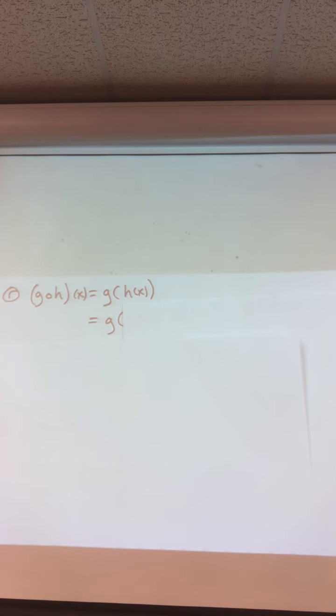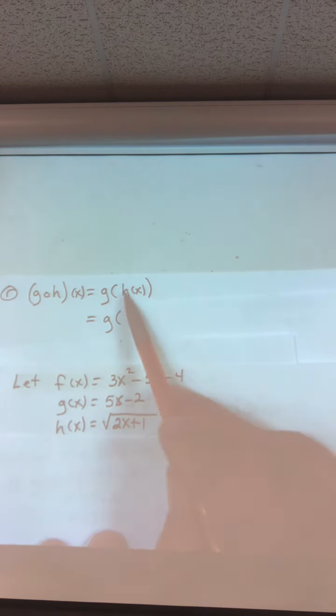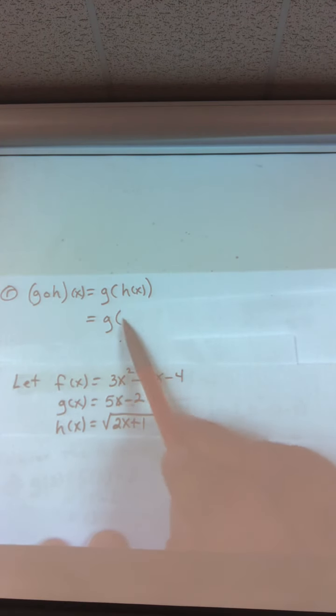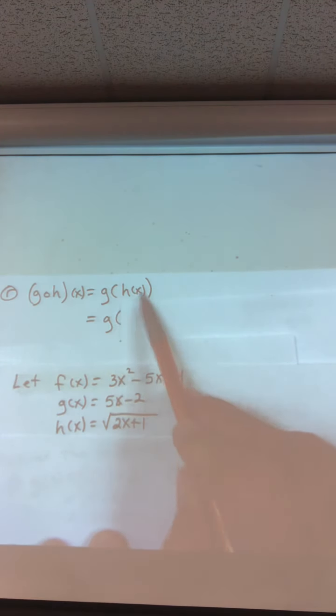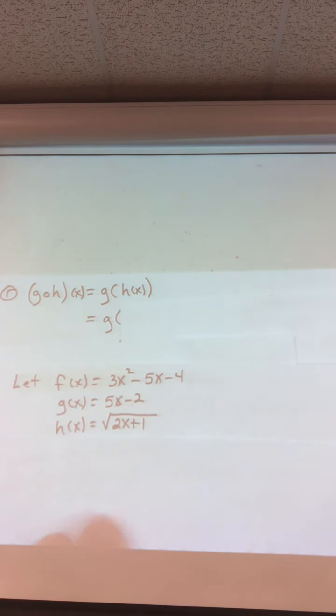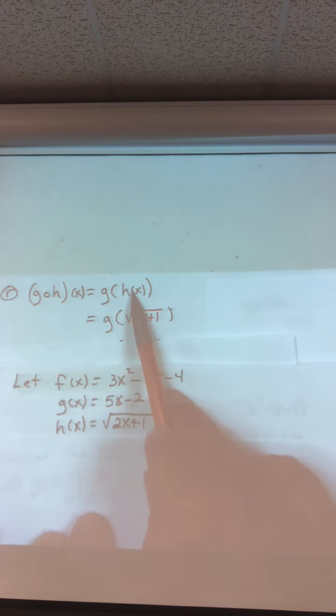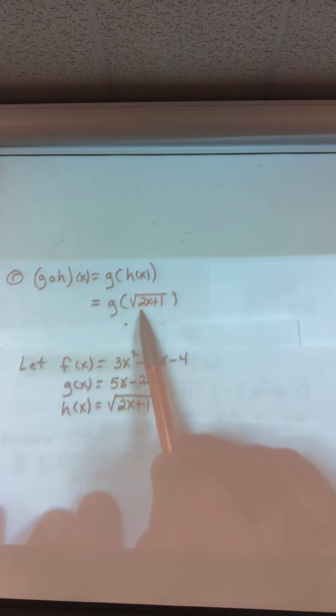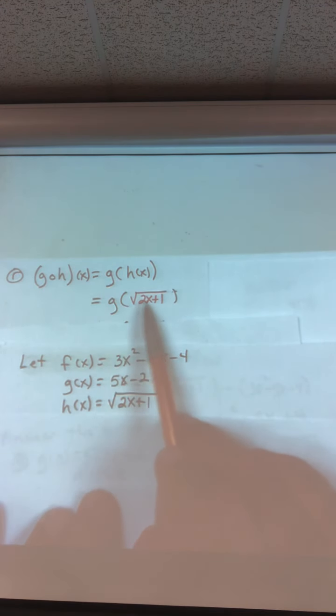All right, now, what goes in big parentheses? Well, H of x goes right in this big parentheses right here. What is H of x? It's square root of 2x plus 1. So there that is. G of this. Now, how do I find G of this?